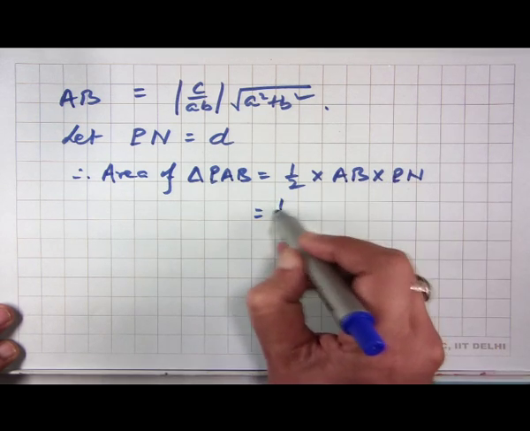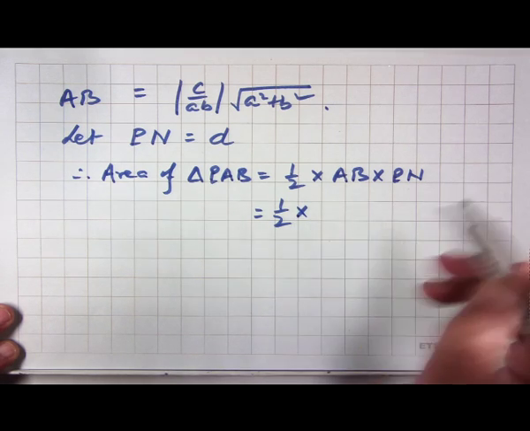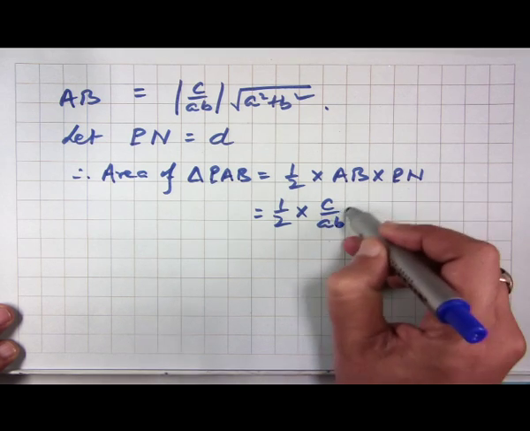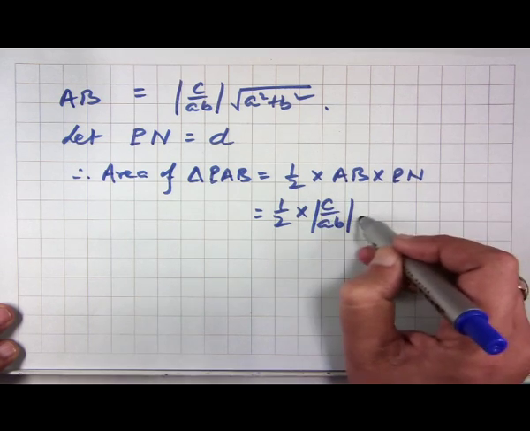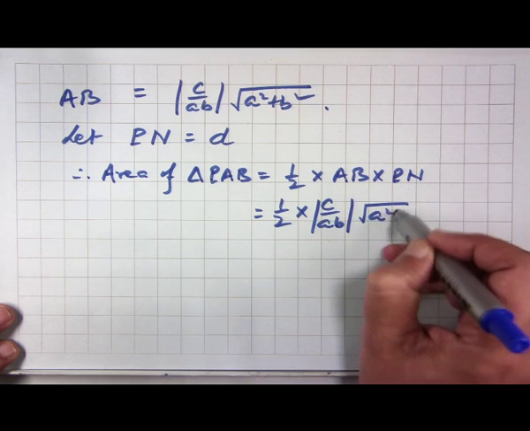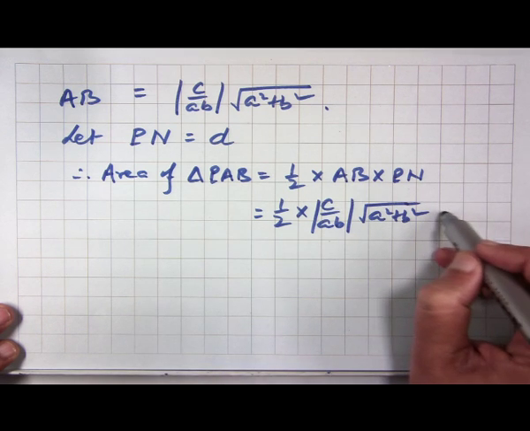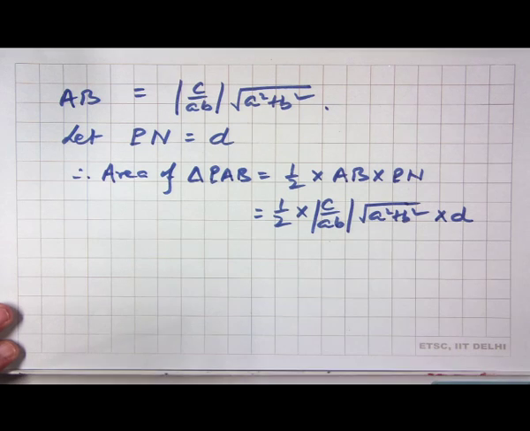It means half into mod c by ab into square root of a square plus b square into d.